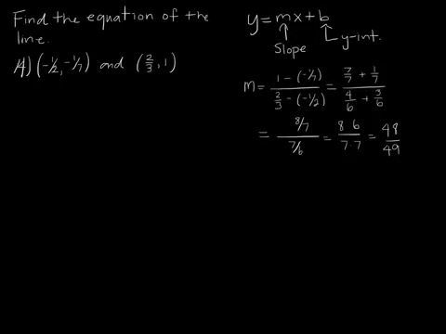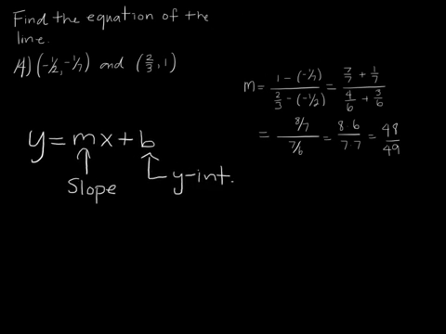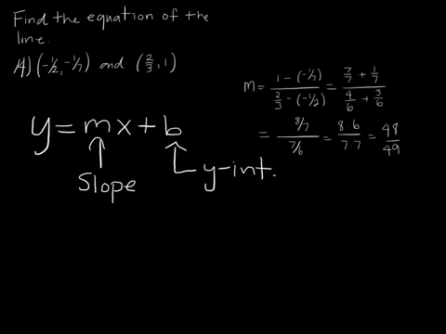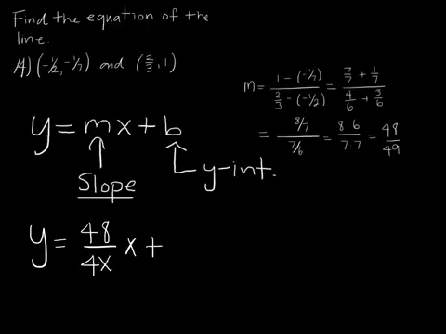So the next thing I need to do is find the intercept. In order to do that, you want to come back to your slope intercept form and fill in the details. So notice my slope, I figured that out. So I have y equals 48 over 49 x, and I still need to figure out the b value.